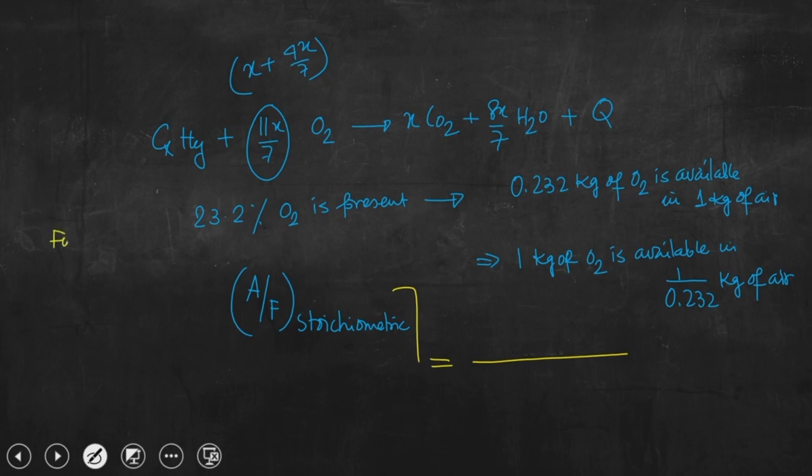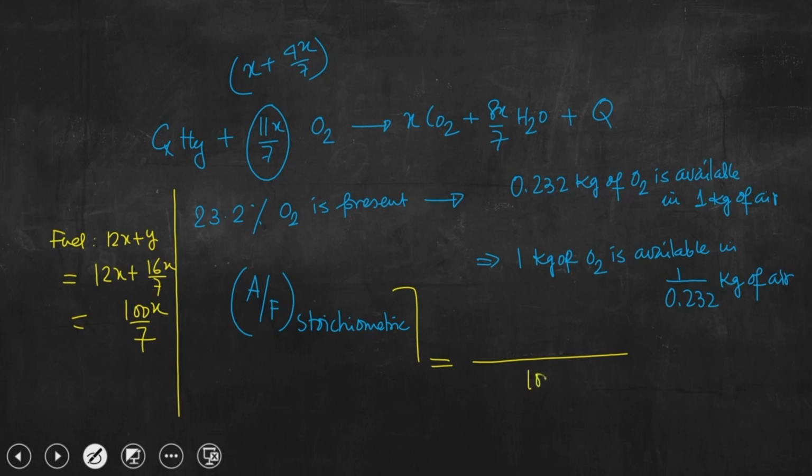So, fuel is 12x plus y. Now, what about y? So, 12x plus 16x by 7, and that should be 100x by 7. So, this is fuel, we can write 100x by 7.